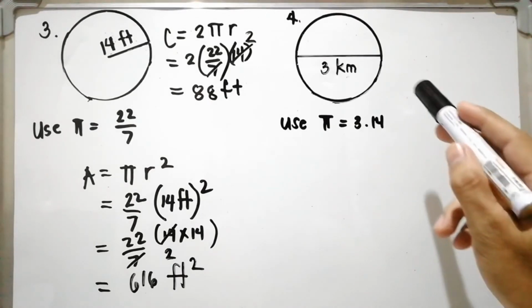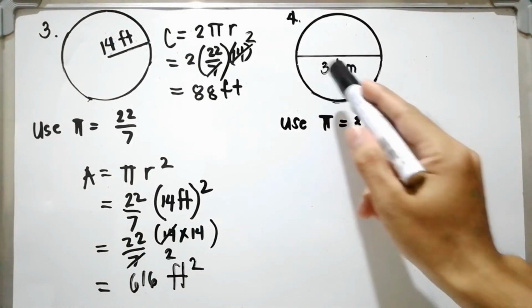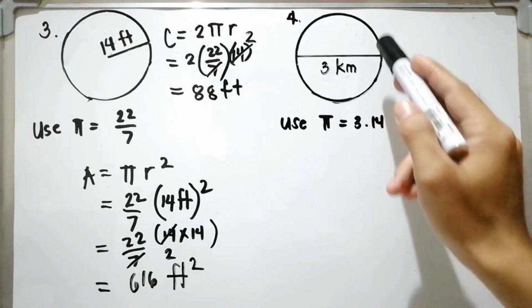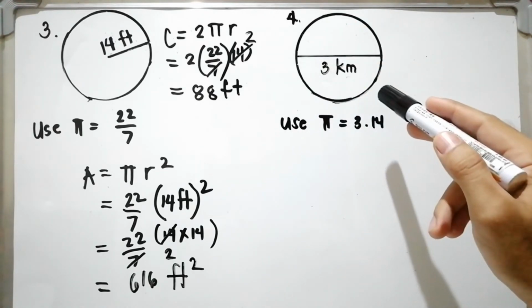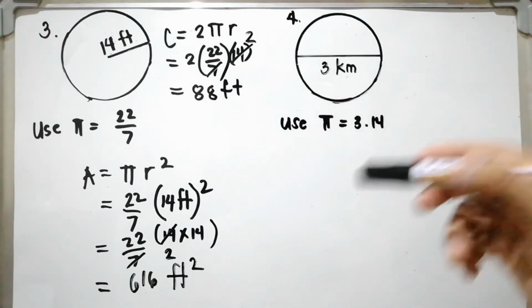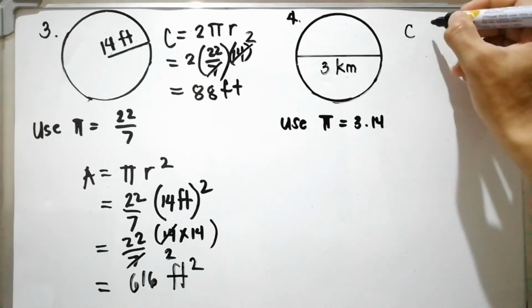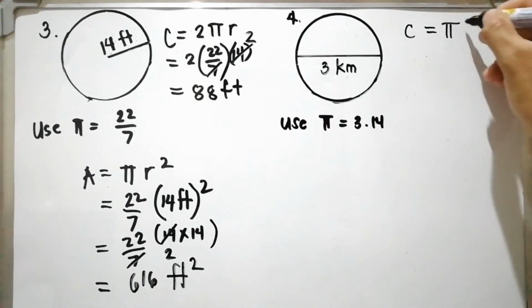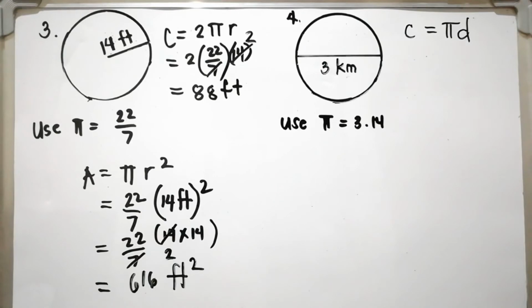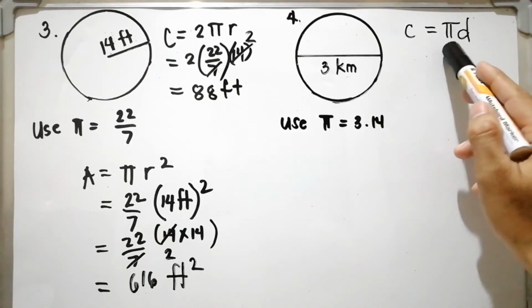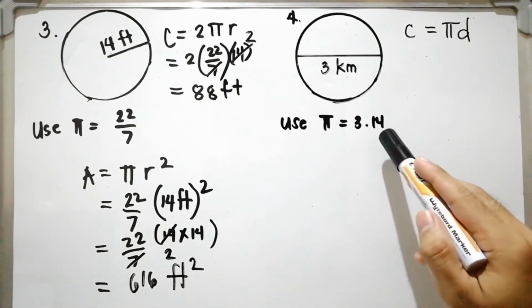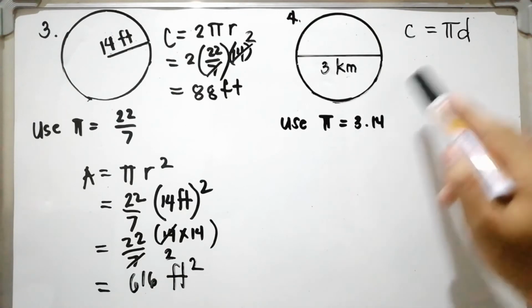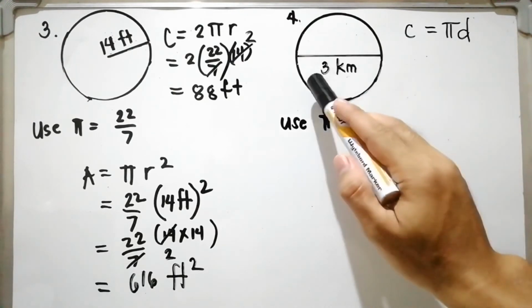For item number 4, the given is 3 kilometers, which is the diameter. Again, the formula in finding the circumference given the diameter is C equals pi d. Use pi equal to 3.14 as an approximation, and d is the diameter, which is 3 kilometers.